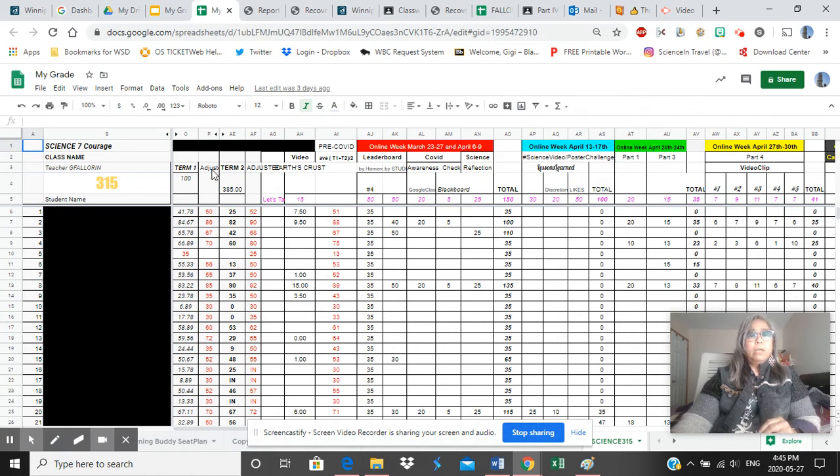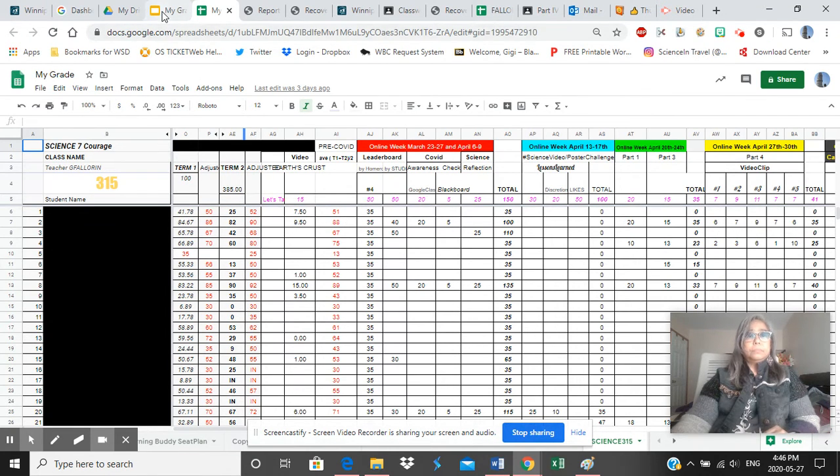Whatever would be your term 1 mark, the column here in red, and also term 2 marks, the column in red here, I take the average, and whatever that average is, that would be the baseline mark, or what I have here as the pre-COVID mark. So this would be your current mark before we have the COVID break.